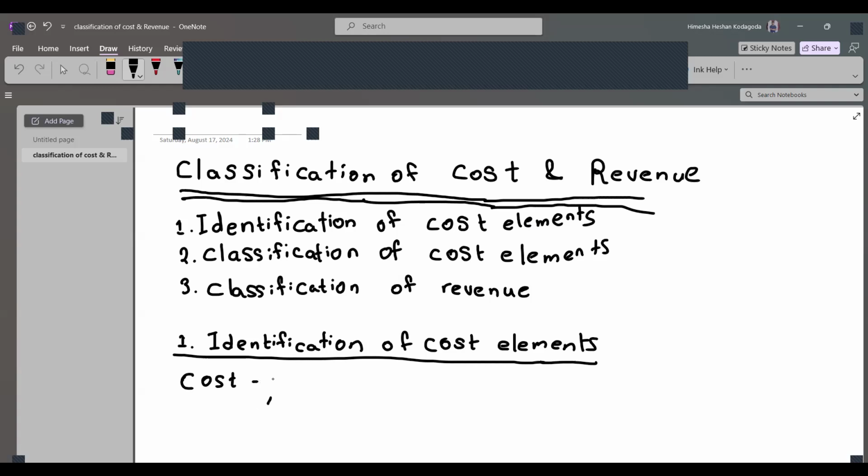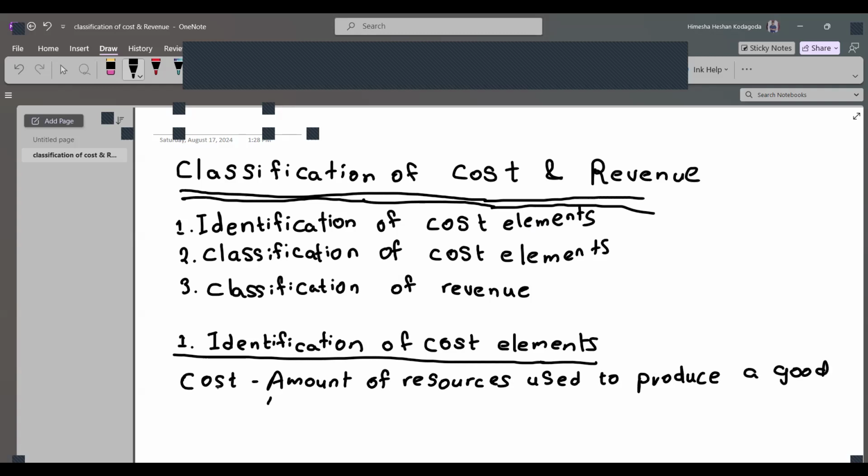Cost means the amount of resources used to produce a good or to provide a service.